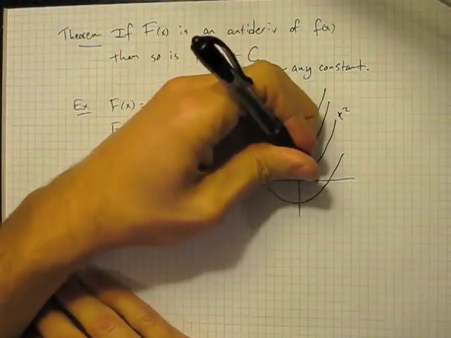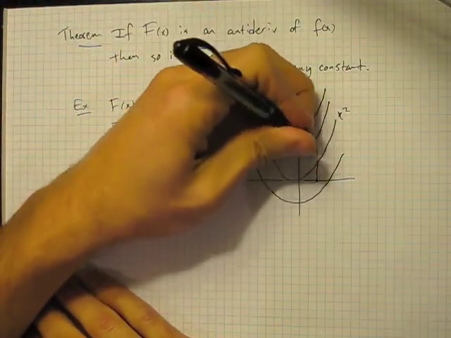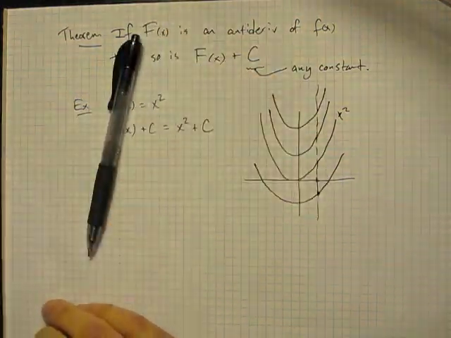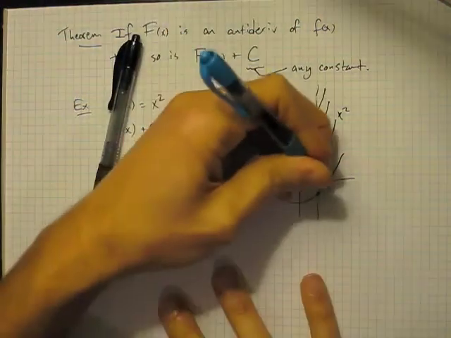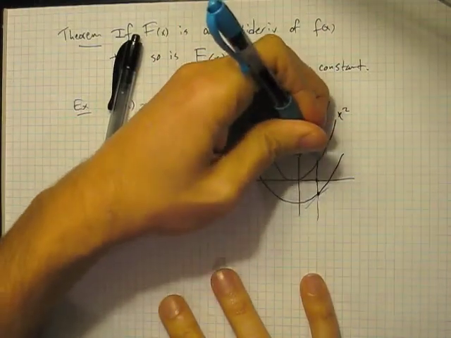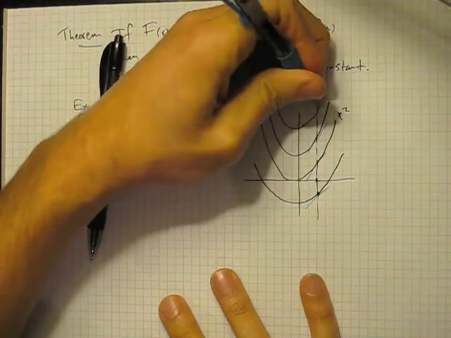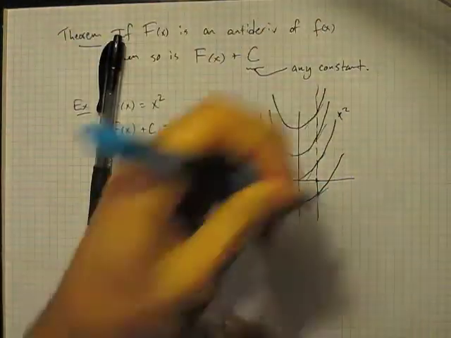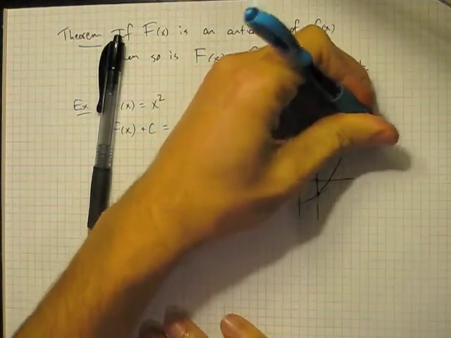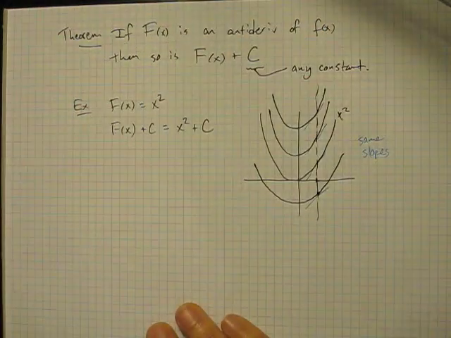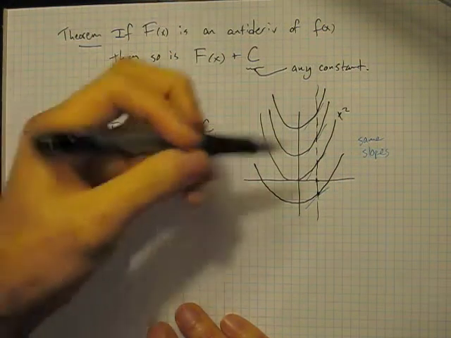And if we look, let's say right here, then the slope right here, and the slope right here, and the slope right here, and the slope right here, those are all the same slopes. Okay, so that's exactly what's going on here in this derivative antiderivative process.